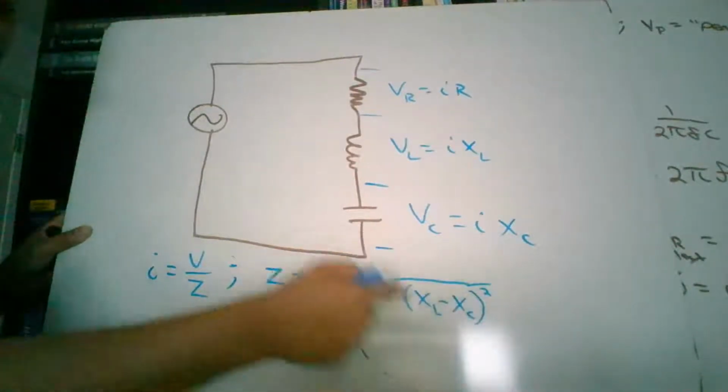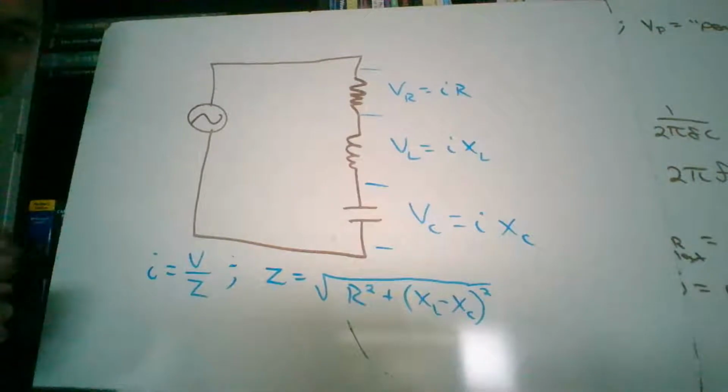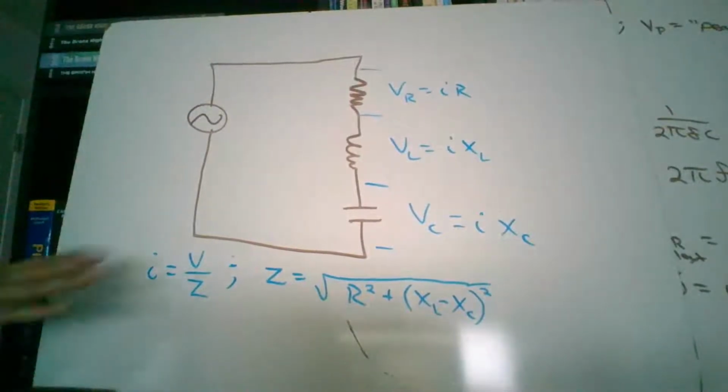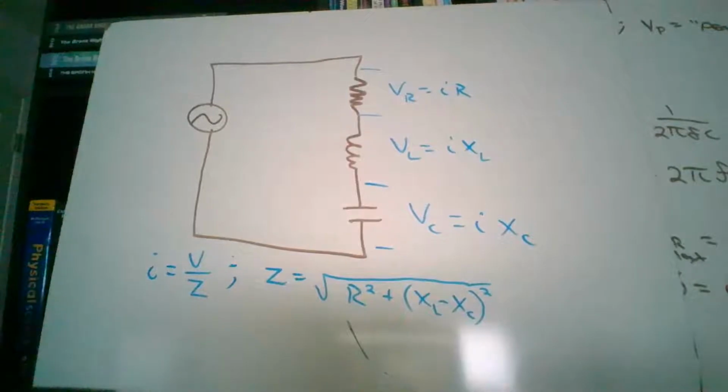All of this combined gives me the impedance of an RLC circuit. So we're good with that. Everything is good so far, I hope.